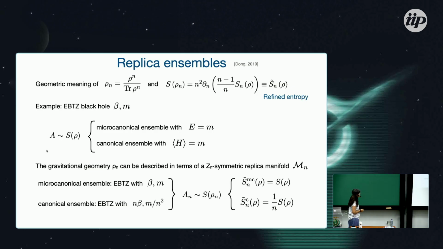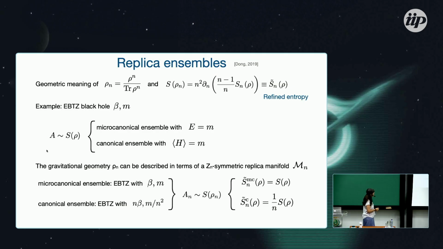So let me illustrate what I want to say with one example. Let's take one Euclidean BTZ black hole of given temperature and mass. This has a geometric area of the event horizon with associated von Neumann entropy. At the level of this system, this von Neumann entropy can either be an entropy in a microcanonical ensemble with fixed energy, or an entropy in the canonical ensemble with fixed mean value.